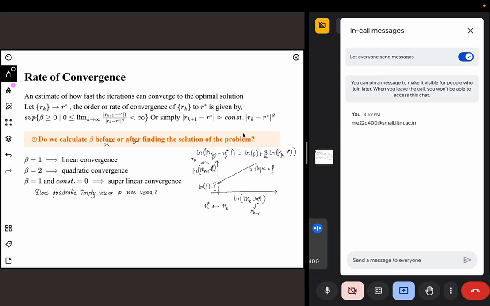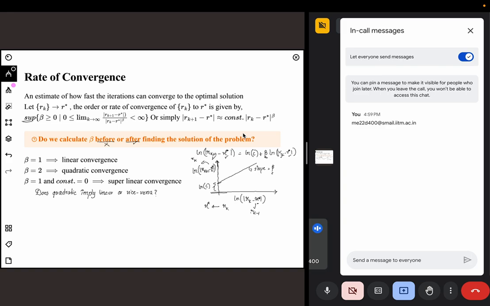Because if you see the definition over here, the definition says the supremum of beta, such that this particular thing is satisfied. So there could be multiple values of beta. Out of all those values of beta, I'm just taking the maximum value, the supremum of them, and that is what I'm defining my rate of convergence as. So if a particular algorithm is converging quadratically, then linear is also included in it.